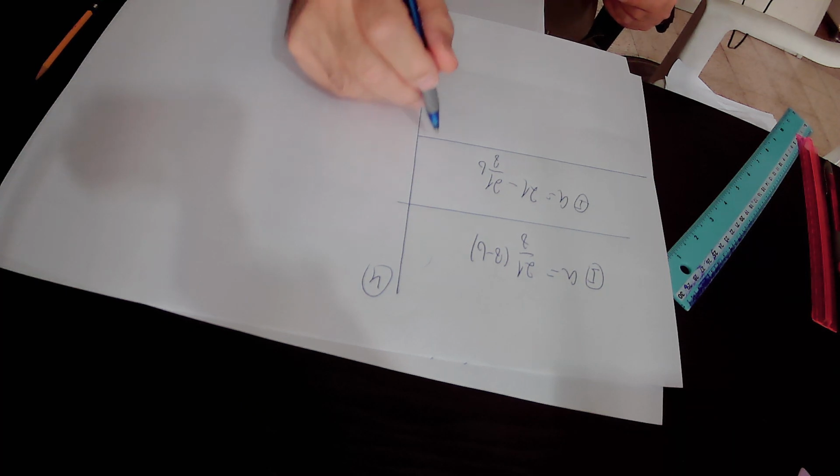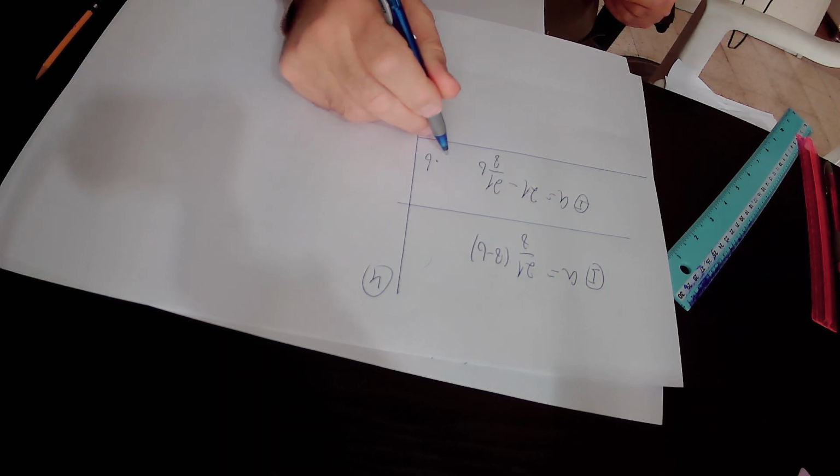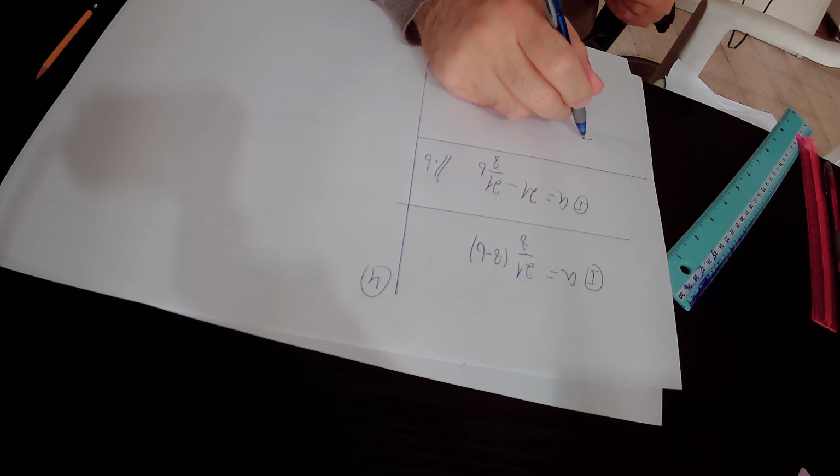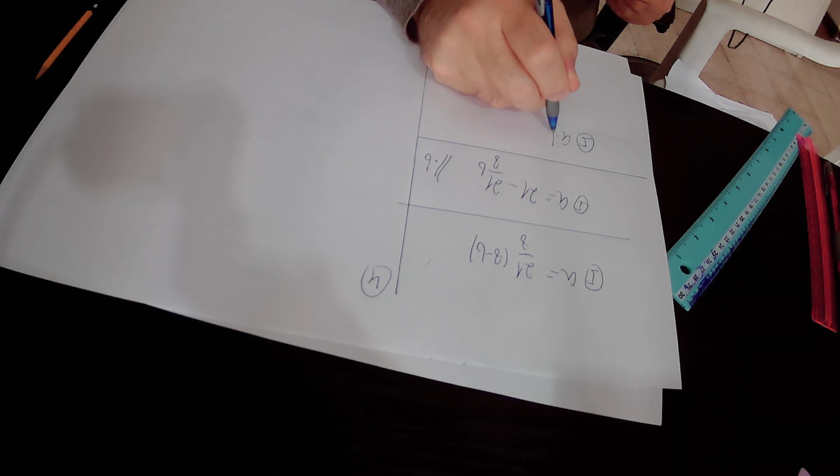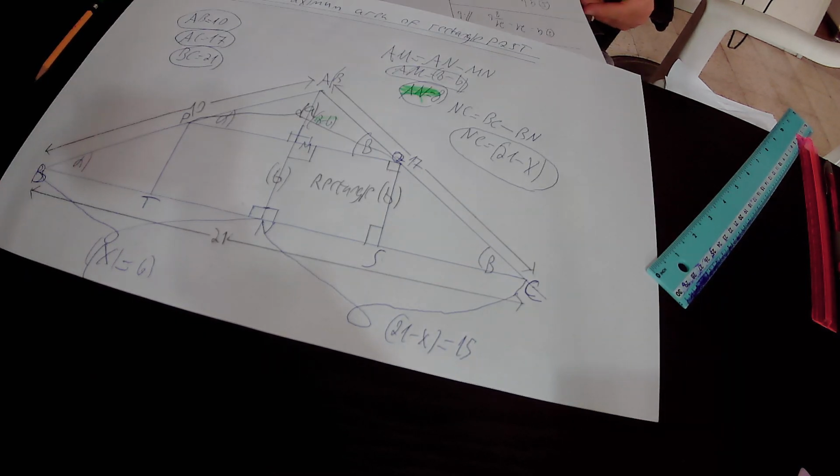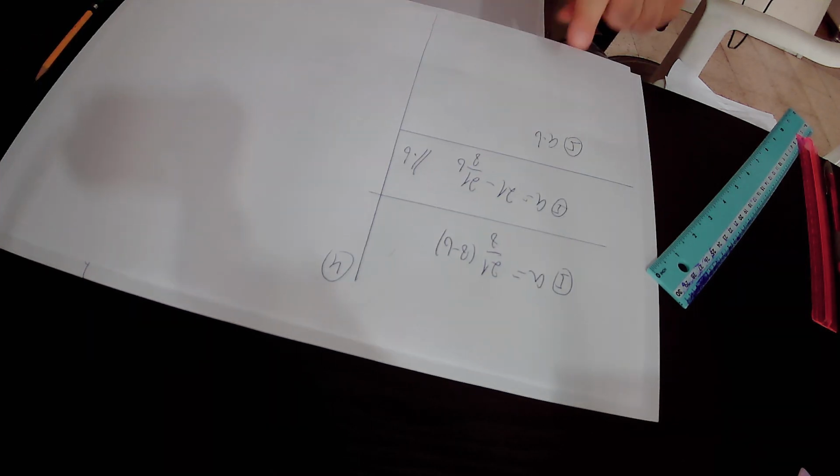Here we multiply this equation 1 by b, and finally we get a times b. Here, a is the length and b is the width. The width times the length is the area of this rectangle PQST, and that is the area that we are looking for. So a times b is the area of the rectangle.